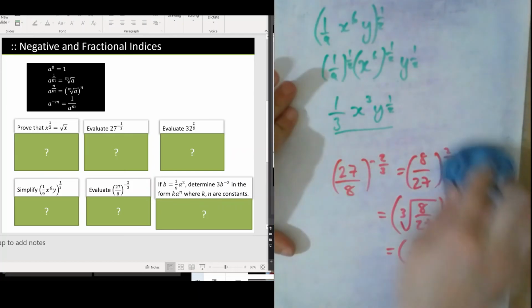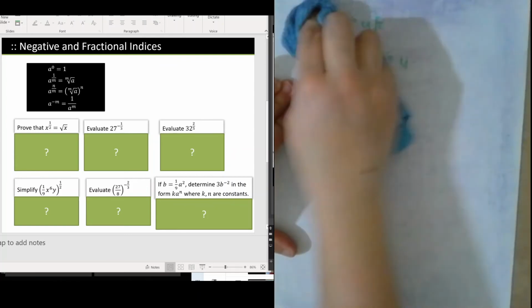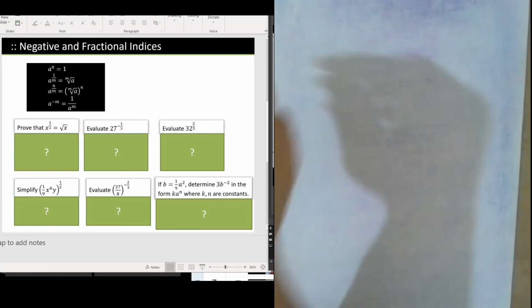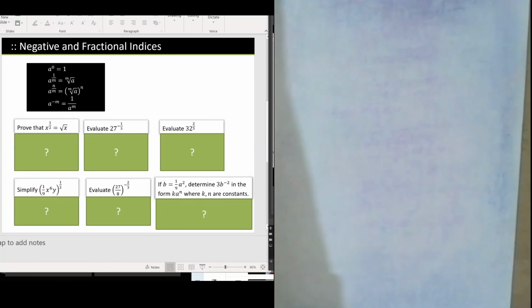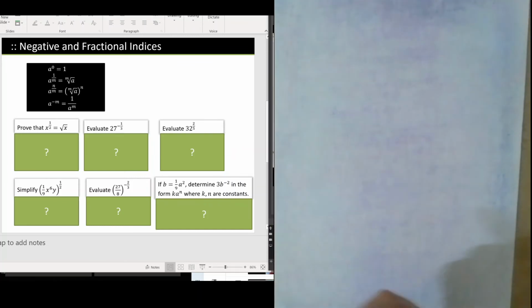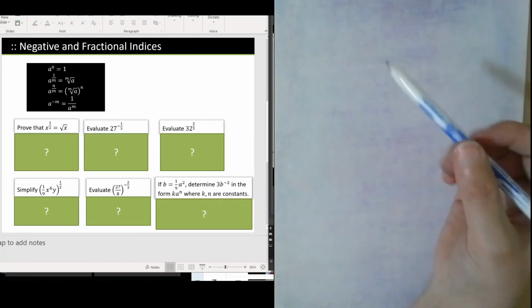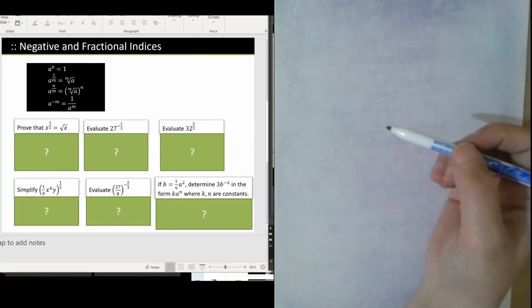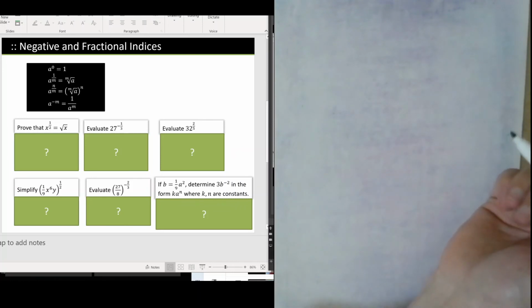Okay. And last but not least, sometimes you are asked these types of questions where they have one form of something and they want you to find it in a different form. They kind of give you the answer, so you know the answer is going to be a number times a to the power of another number.